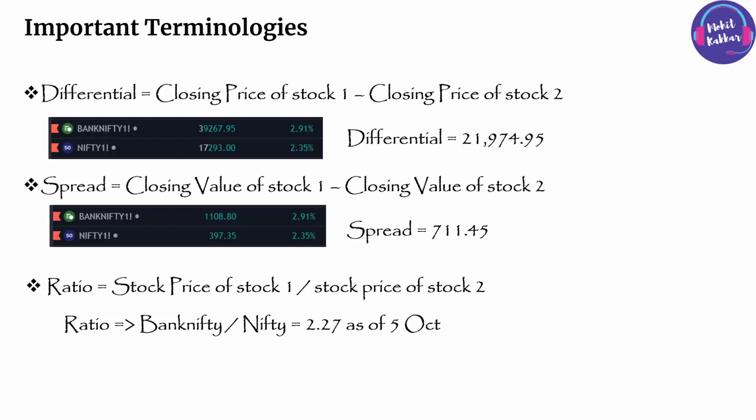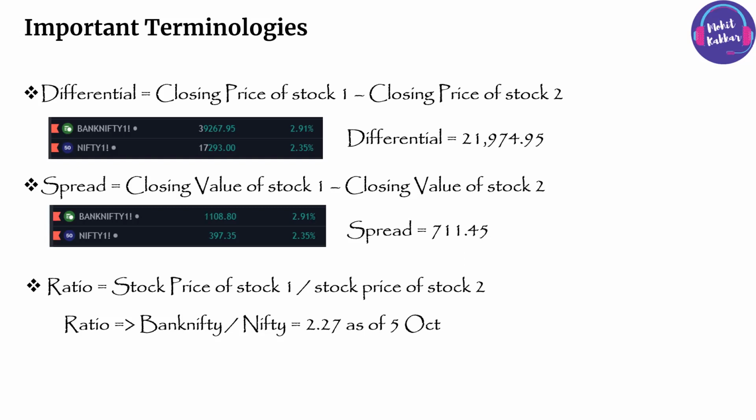But when I have compared both, if you do a smaller value divided by a bigger value, and backtest and compare it with a bigger value divided by a smaller value, the latter tends to give more accurate results. That's why I am suggesting this, but feel free to do it however you want. Bank Nifty by Nifty is the ratio.